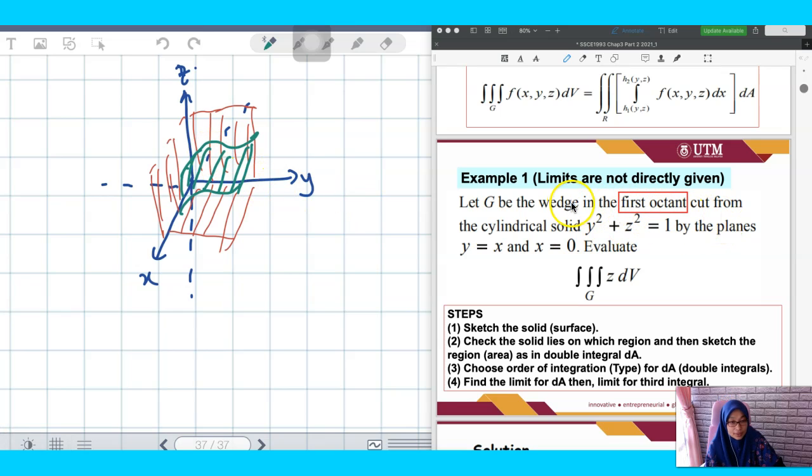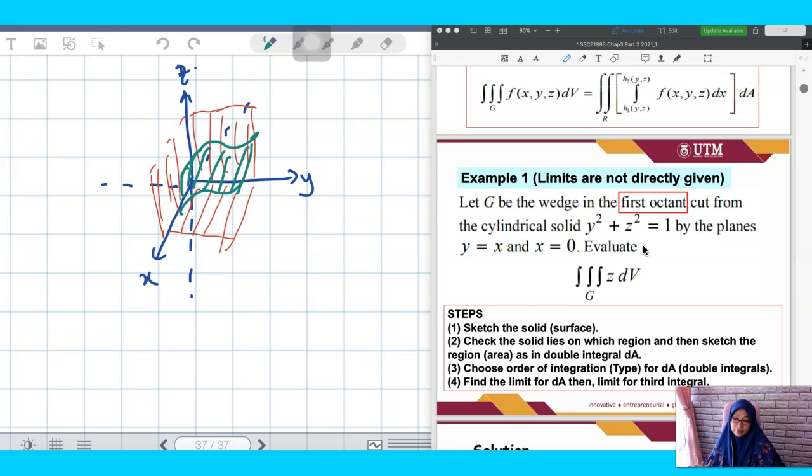Again, your solid is lying on the first octant, which is from the cylindrical. So you have to sketch them. That is the hardest part. I think the students cannot do this very well. They have problems with triple or double integrals because they have problems sketching in 3D.